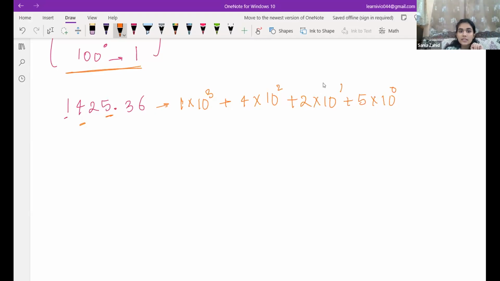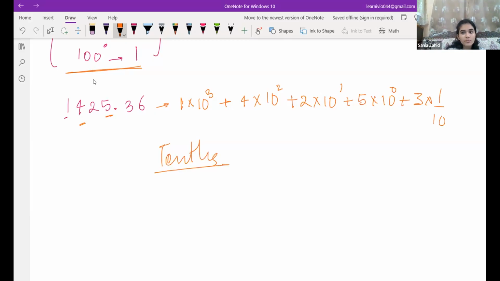Then plus 3 into 1 by 10. Children, what is the place value of 3 now? Tenths.